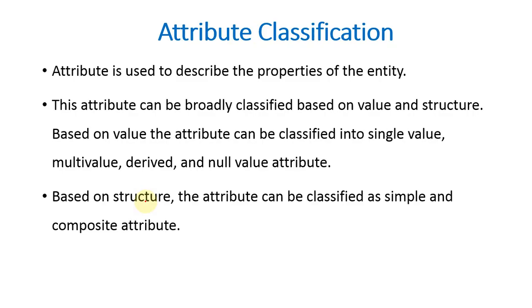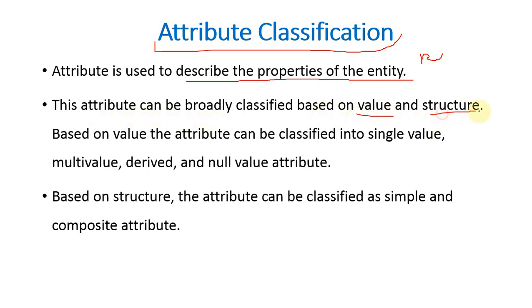Fine. Next, here you can also see the attribute classification. An attribute is used to describe the properties of the entity. So roll number is an attribute, name is an attribute. This attribute can be broadly classified based on value and structure. Based on value, the attribute can be classified into single value, multi-value, derived, null values.